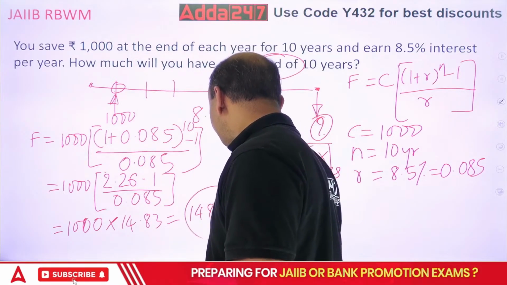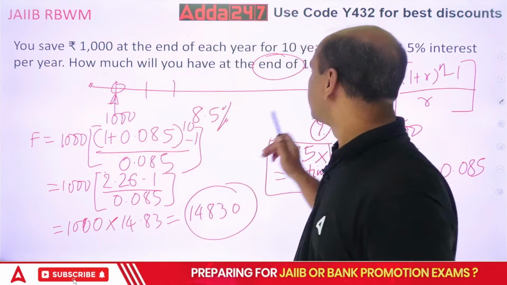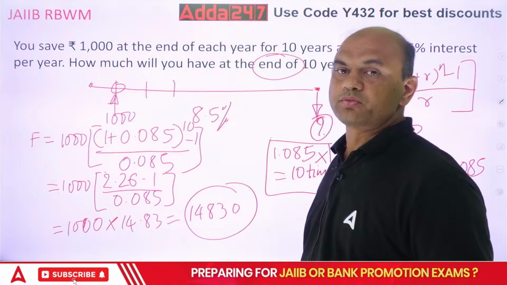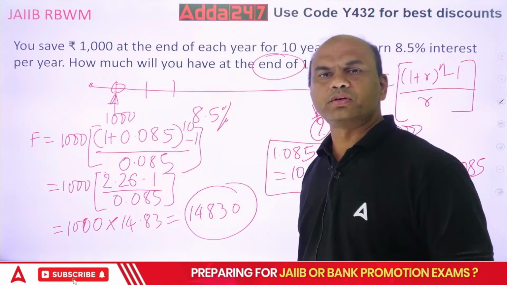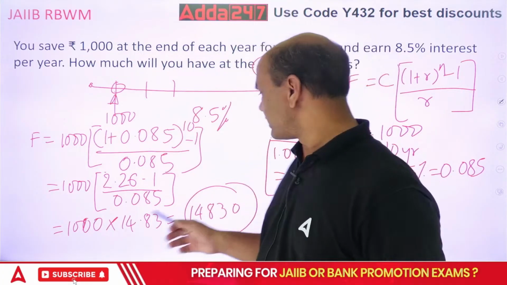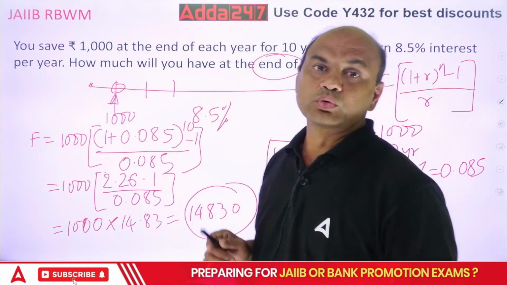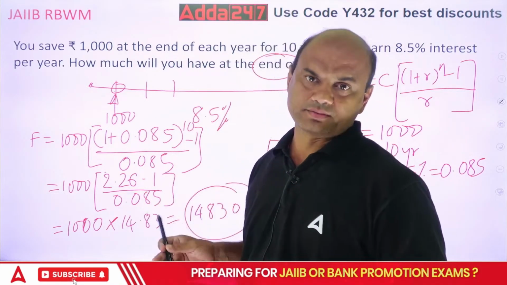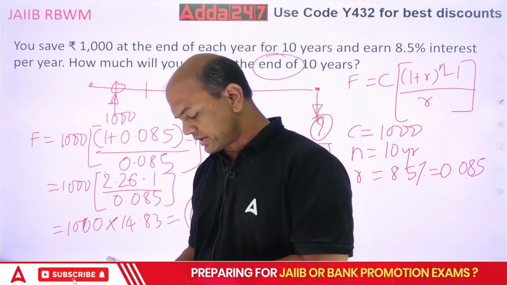This is the amount you will be having at the end of 10 years if you are getting an interest of 8.5%, for 10 years you are investing 1000. So roughly you will be investing 12,000, right? And what are you getting? 14,830. So you are getting 2,830 extra. Okay?